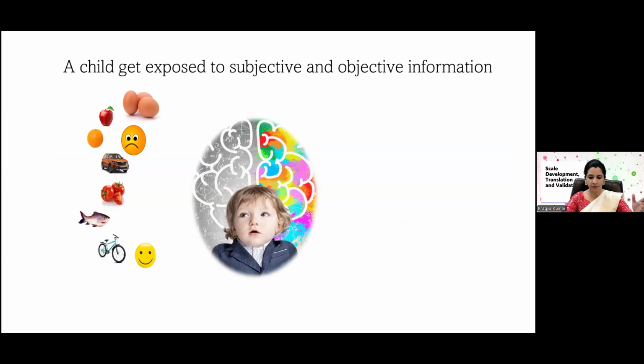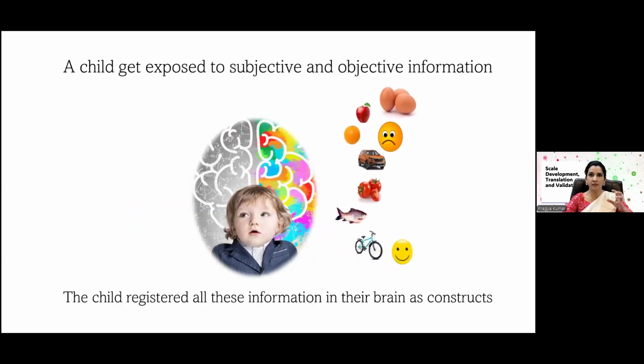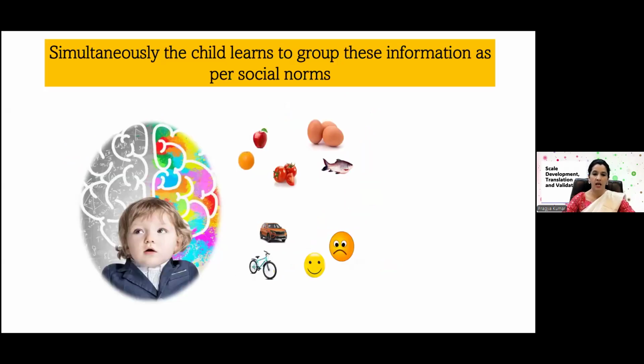After seeing something, he has a mental mapping, and he stores all this information in his brain as a construct. If you ask that child to group all these articles into separate groups, he will have some background information on how to group these.